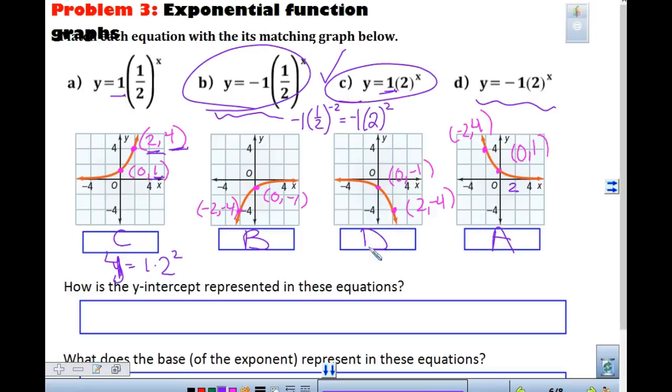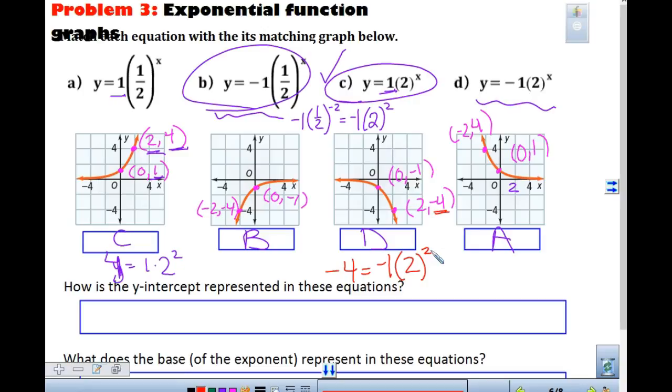How could you then check to make sure that you did it right? If I'm saying this is D, that means y is -4. -4 should be equal to, in that equation, -1 times 2 to the second. That's a true statement, right? How do I make sure that A was right?